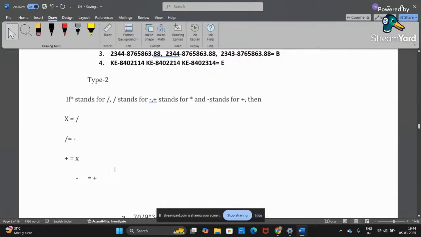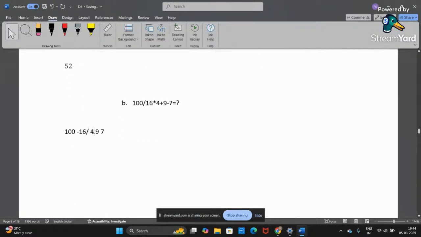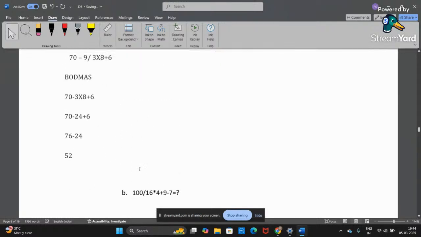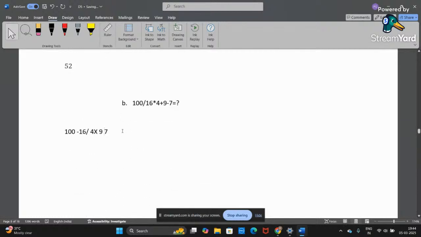Plus is replaced with multiplication. Minus is replaced with addition. Again, use the BODMAS formula. 100 minus 60.